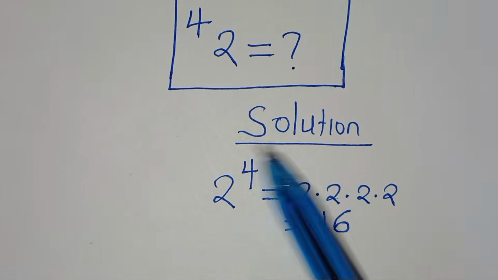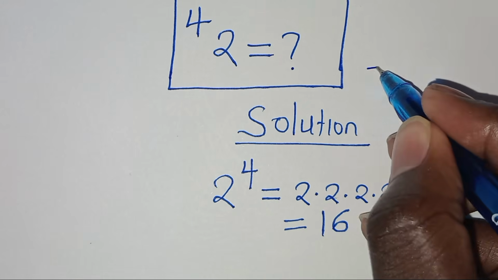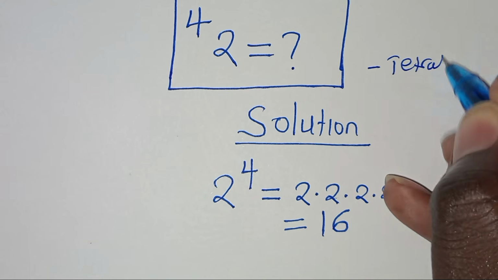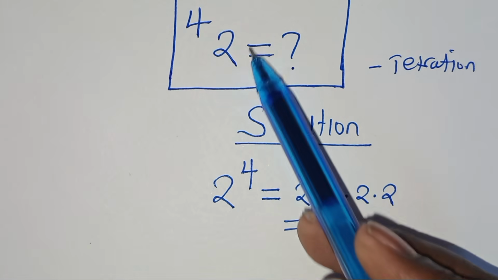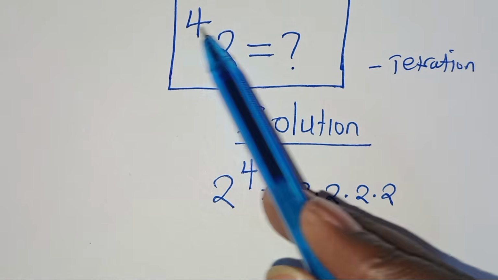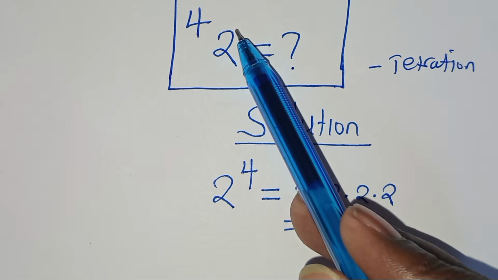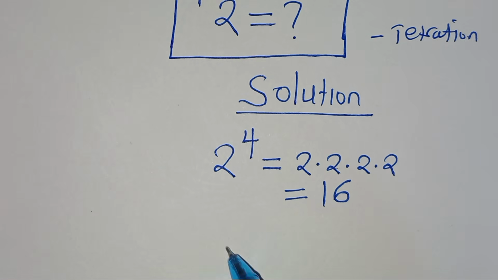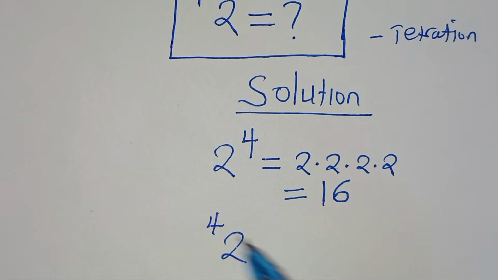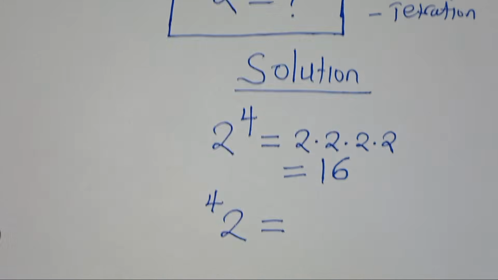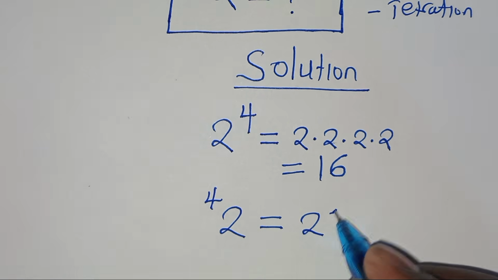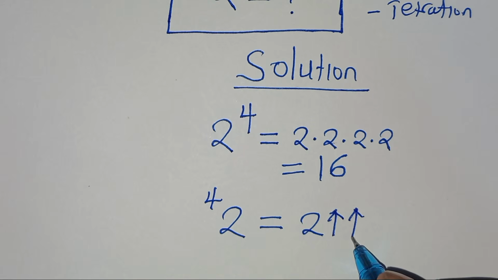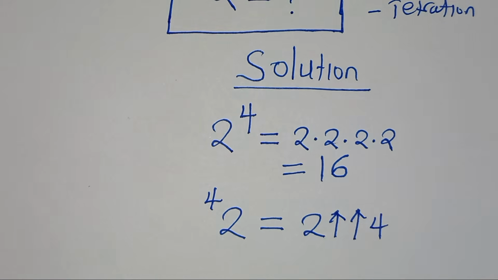But now, here we have a tetration math problem. This is the fourth tetration of 2, which often is noted as 2 double arrows, then 4.